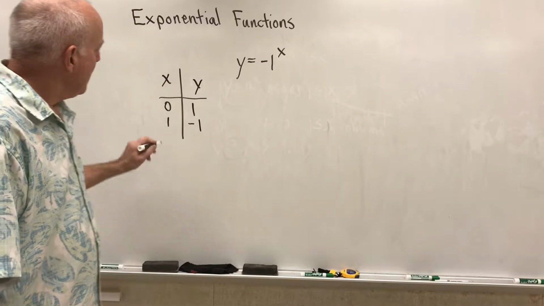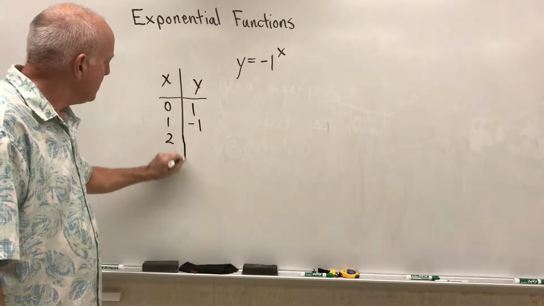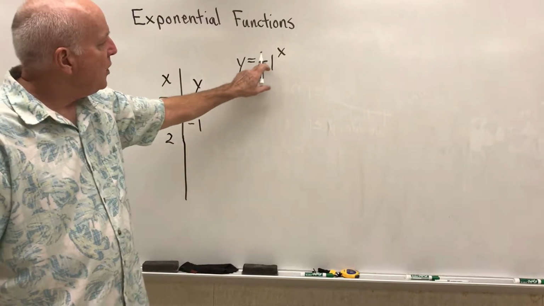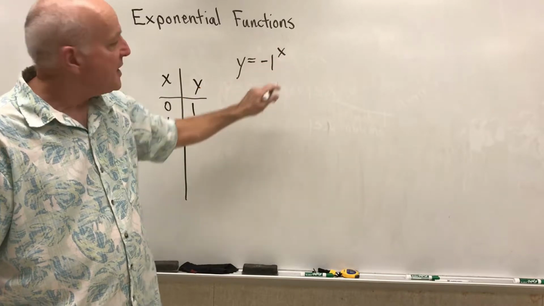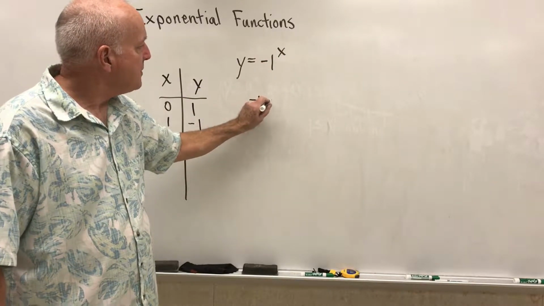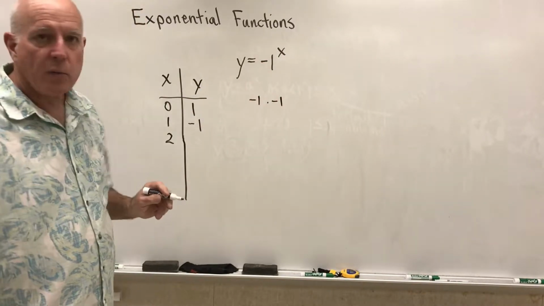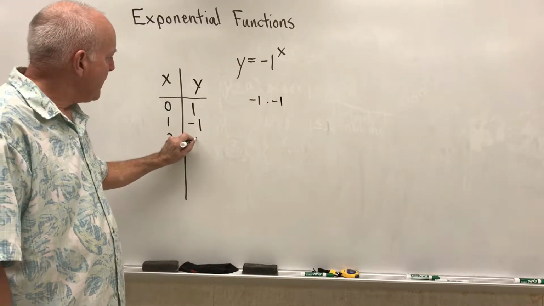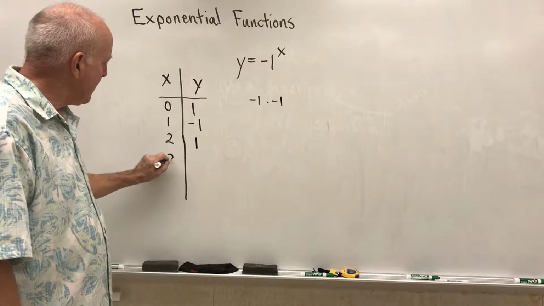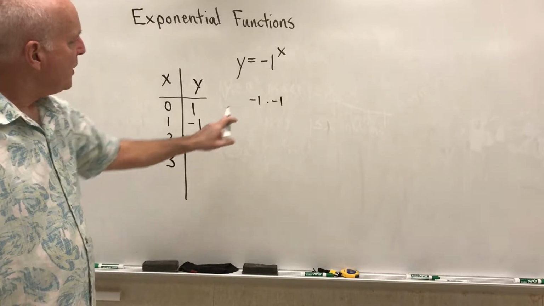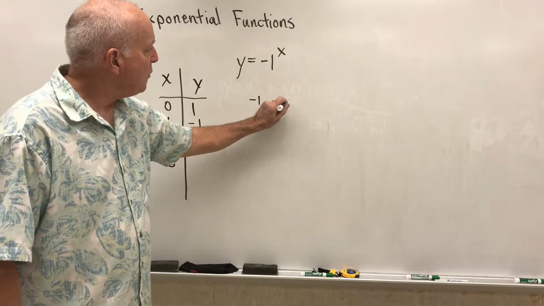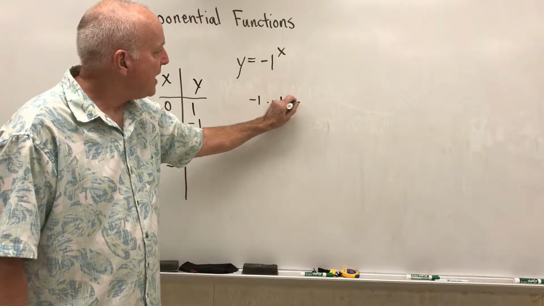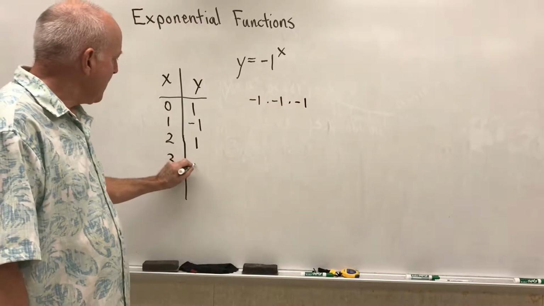Now when x is 2, we've got negative 1 raised to the second power. That's negative 1 times negative 1. What do we see? That's 1. So when x is 2, y is 1. What about when x is 3? We're going to have negative 1 times negative 1 times negative 1, which is negative 1.